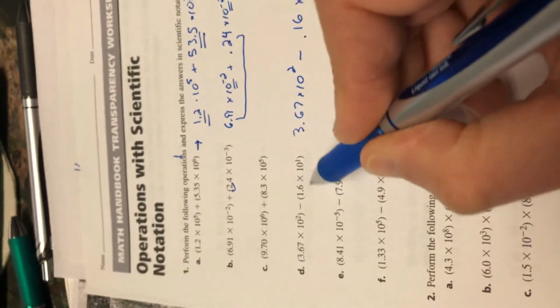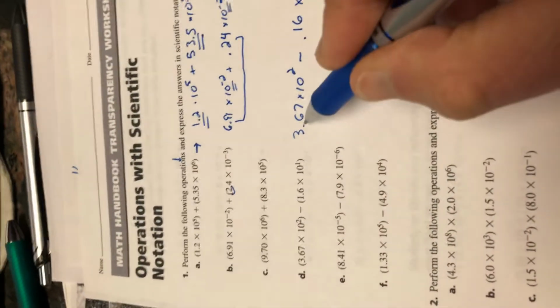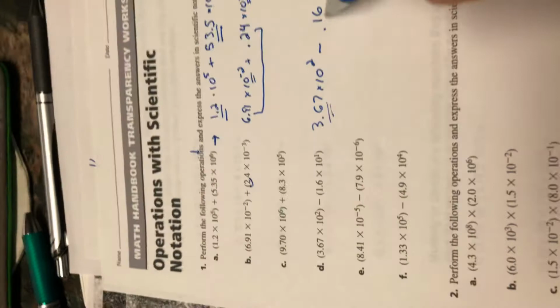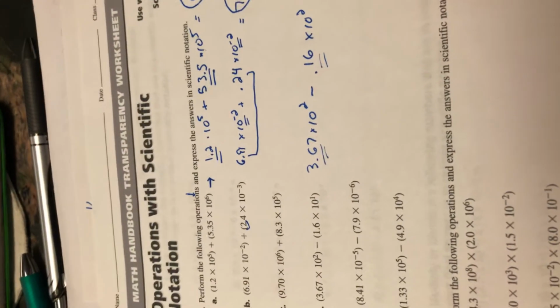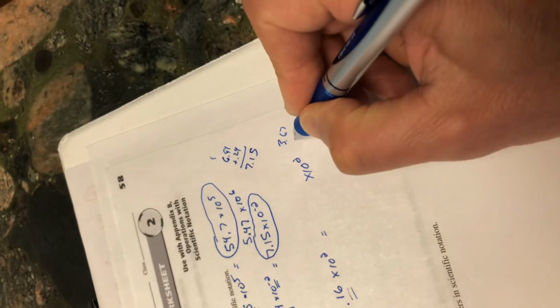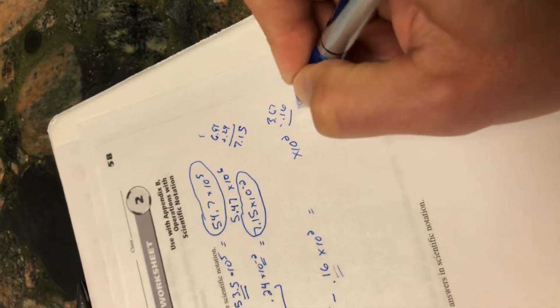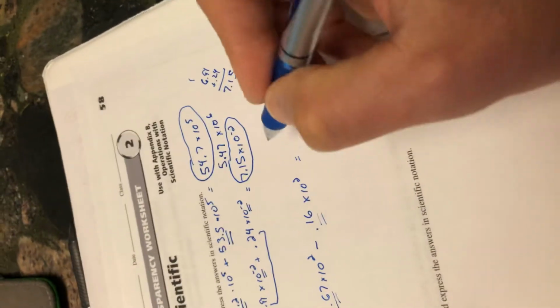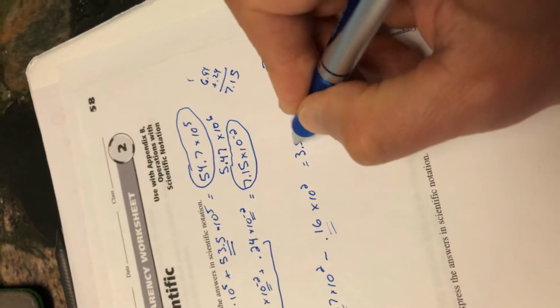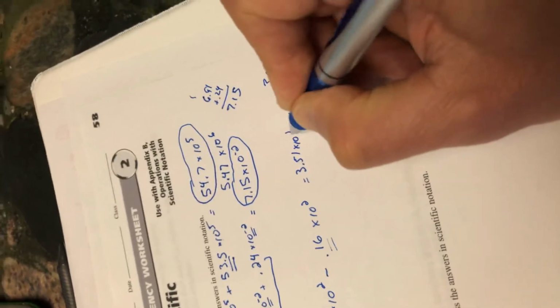That would get me back to my original. Now I can just take 3.67, subtract 0.16, and then whatever I get is going to be times 10 to the 2nd power. And 3.67 minus 0.16 is going to be 3.51. So that's 3.51 times 10 to the 2nd power.